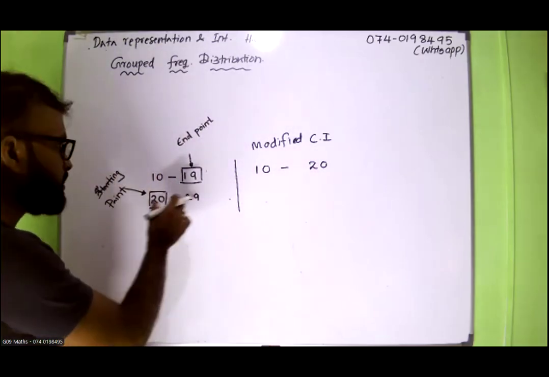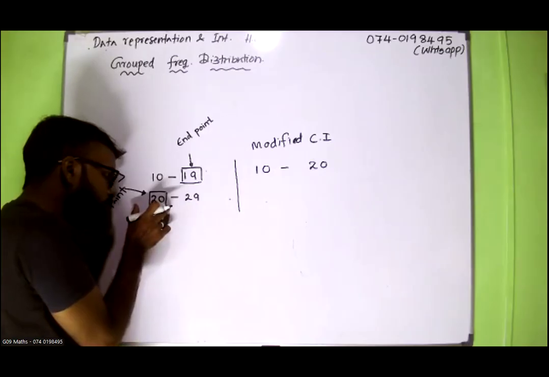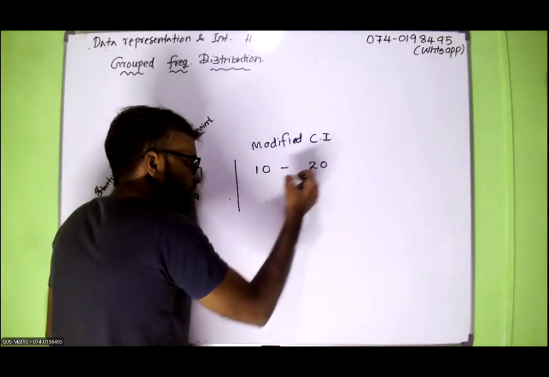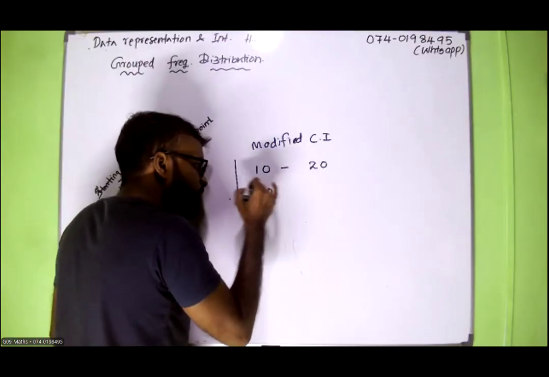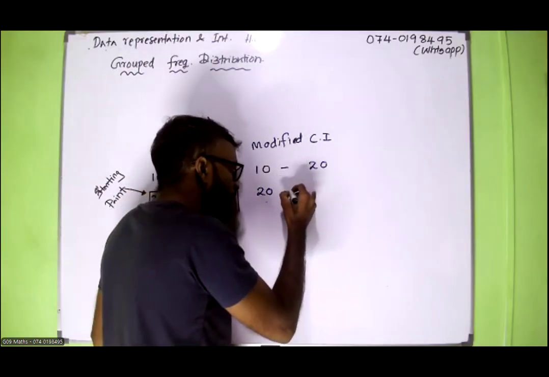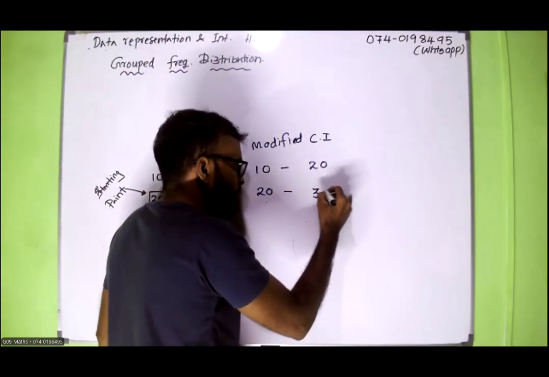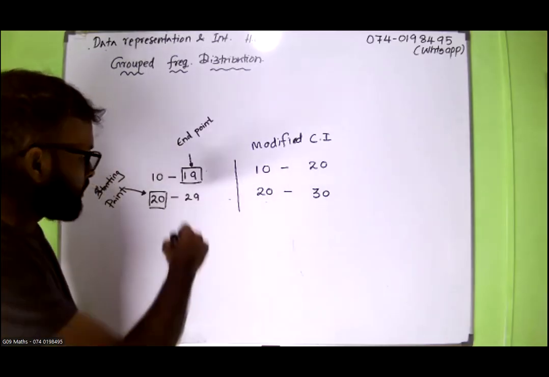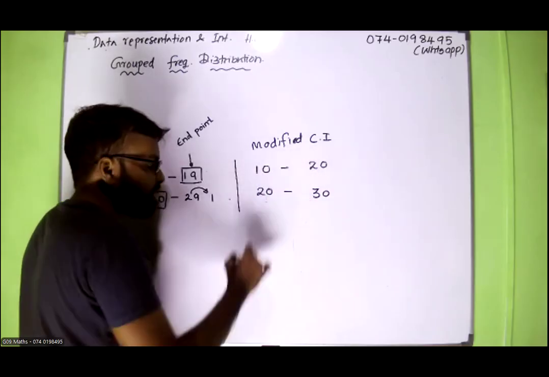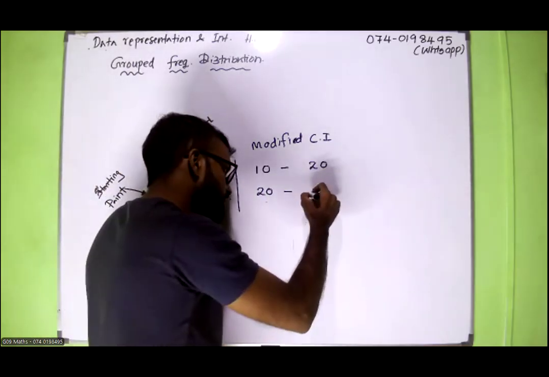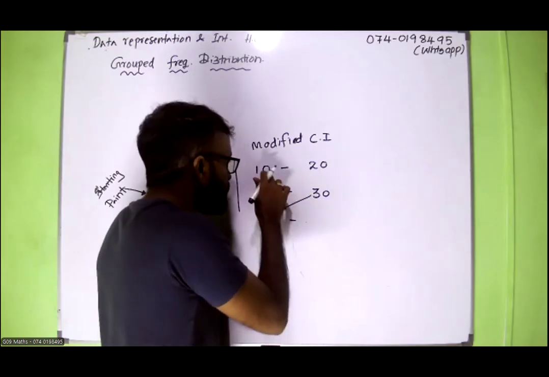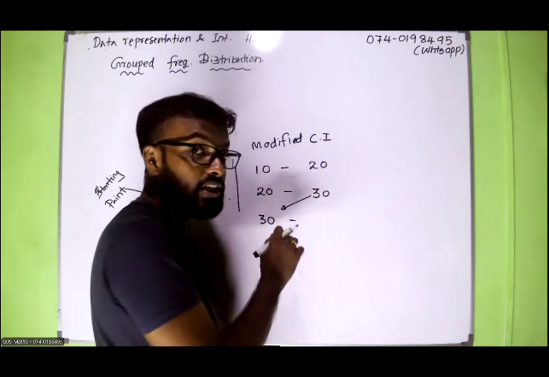So 20 is the starting point of the second class interval, and I will begin this value from 20. Then 20 to 30. This has been extended by 1, so 29 plus 1 is 30. Then I'll take this value here, 30. So the class width is 10.